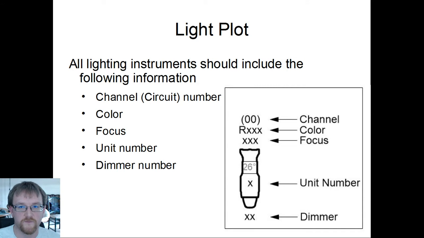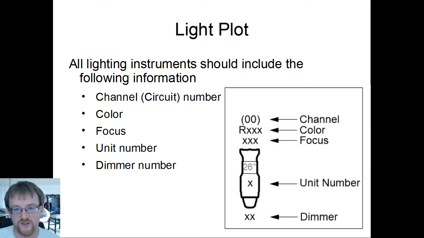The next thing: all of your lighting instruments need to contain the following information. They need to have the channel, they need to have the color, they need to have the focus or purpose, depending on how you want to label it. Usually focus and purpose are the same thing. They don't have to be. The unit number of the light, which I'll explain when I actually make the lighting plot, and then the dimmer number.